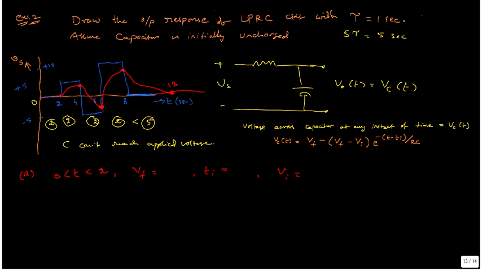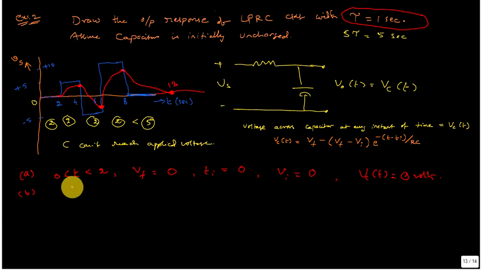We know the RC value is given, and Vf, the final value you are applying, is 0 volts. So Vf is 0, Ti is 0, Vi is 0. So from this, Vc of t, since you are not applying any voltage, the capacitor voltage is also 0 volts. No need to use the formula.